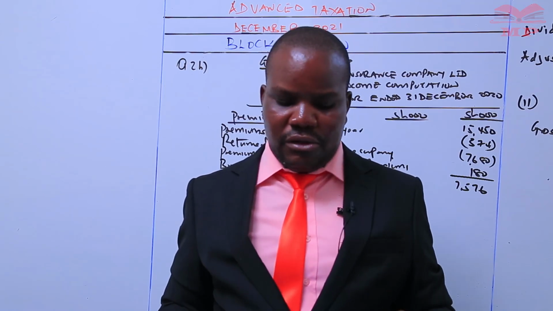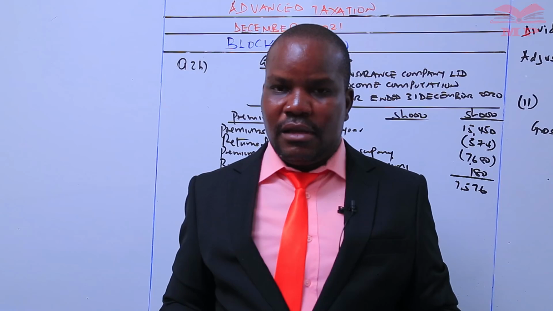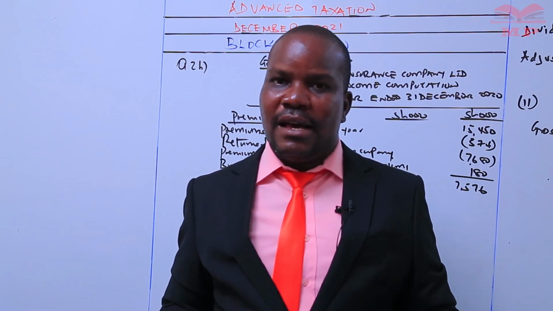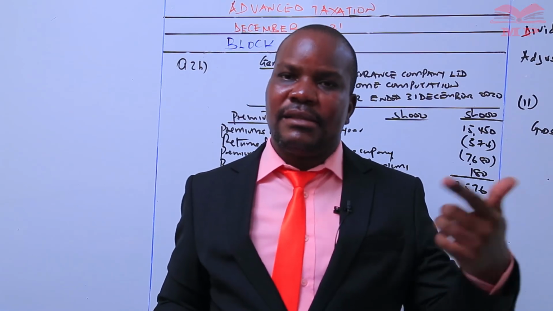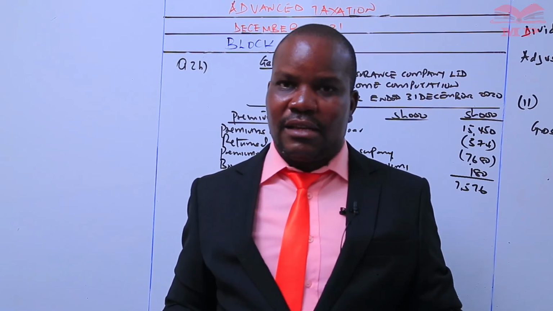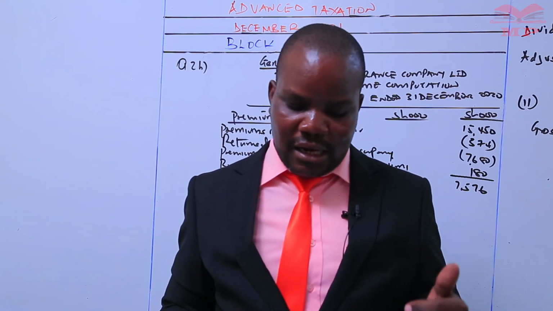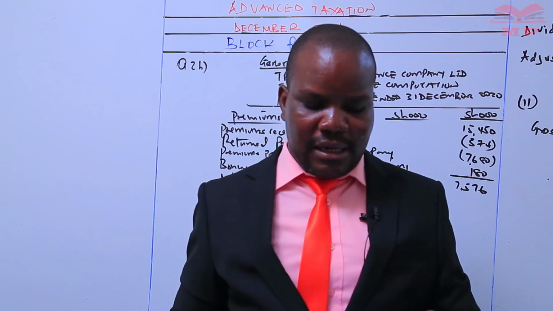That is called commission on reinsurance ceded, which is a taxable income in the books of the receiving company. On the other hand, the company that is given insurance business pays a commission to the insurance company giving it insurance business. That commission would be an allowable expense. So in this case, we have commission ceded, which is a taxable income.